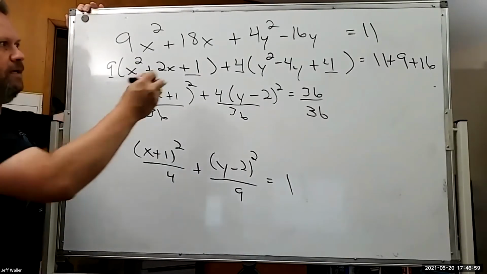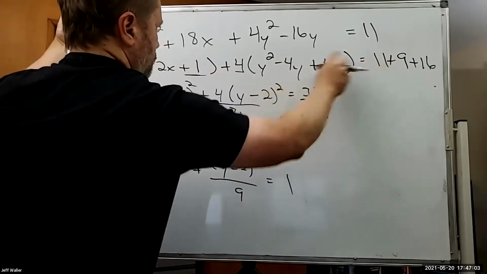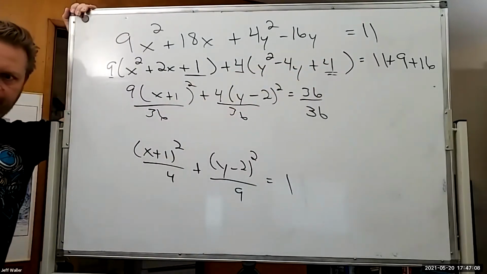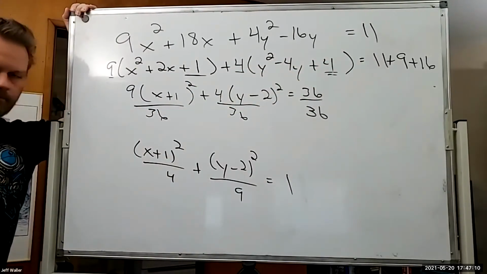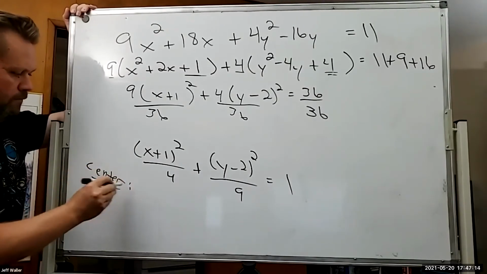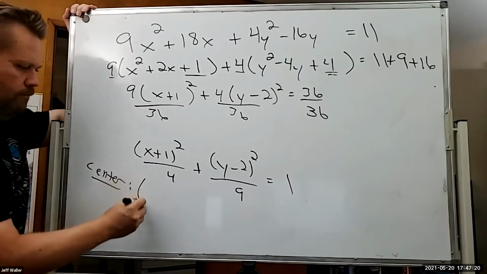The biggest mistake I see is people put stuff here and they forget to do it to this side also. Can somebody tell me what the center is? Left 1, up 2.